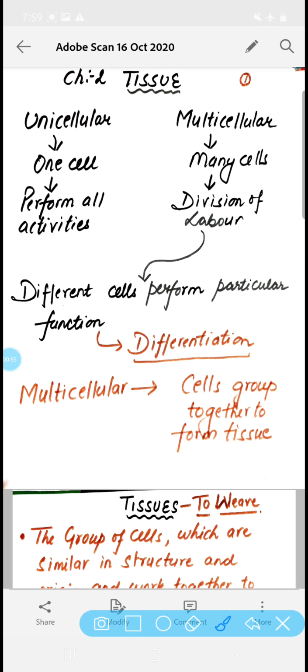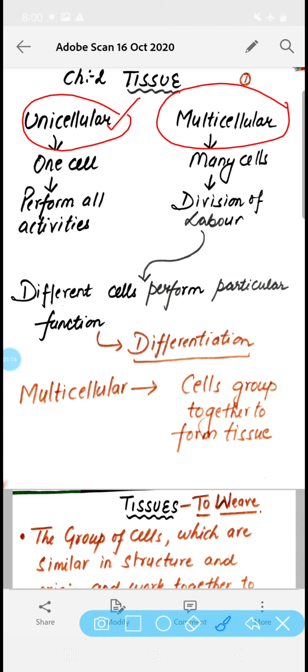Now, in our previous chapter, we have discussed unicellular organisms as well as multicellular organisms. In simple terms, if we recall the definition, unicellular organisms are the kind of organisms which are made up of only a single cell.